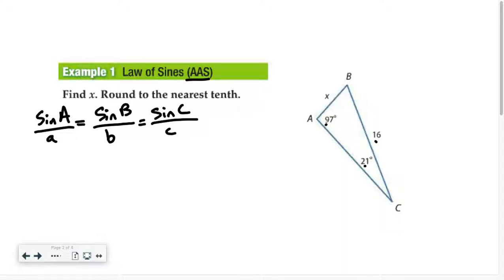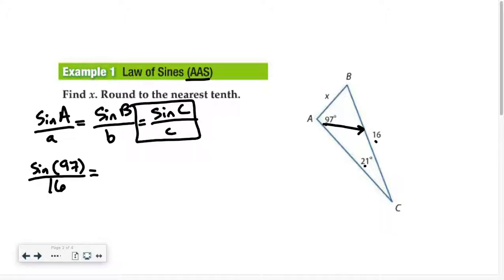So what angle do we have? Do we have angle A? Sine of angle A is 97. Sine of 97 over the side that's opposite angle A, which is 16. So sine 97 over 16 equals, now we've got angle C. We don't have any information about angle B. If you're looking at the picture, we don't have any information about that angle.